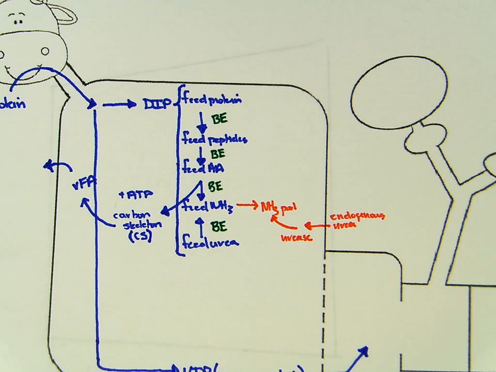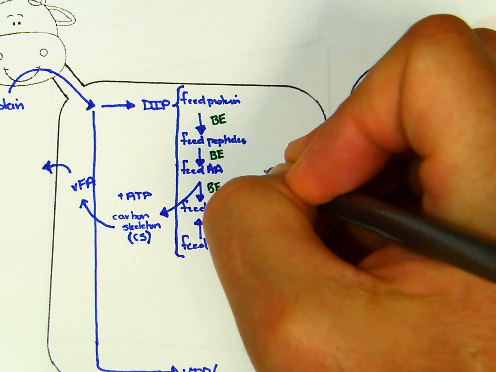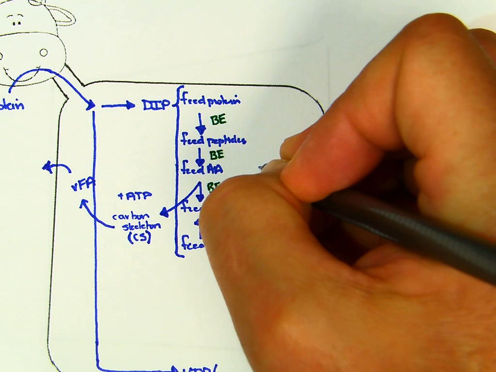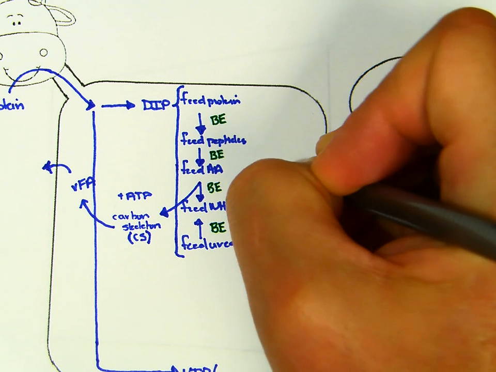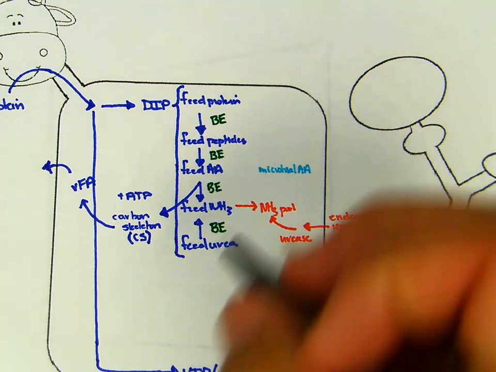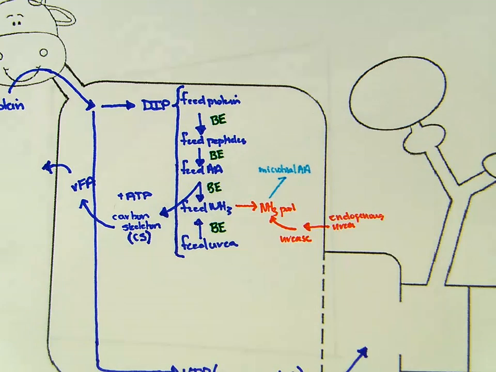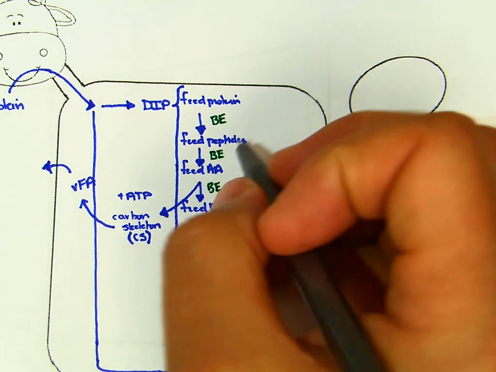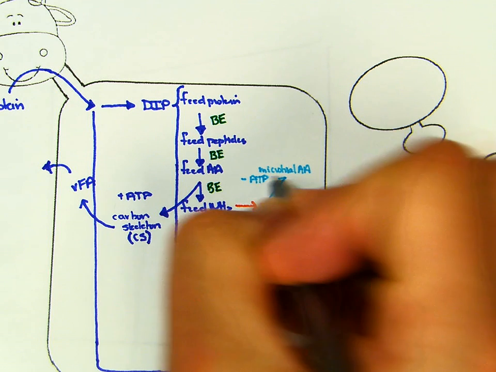Okay, so now what's going to happen is the microbes are going to take this amino acid, or this ammonia, and synthesize microbial amino acids. And to do this requires ATP. They're going to use energy to do this.